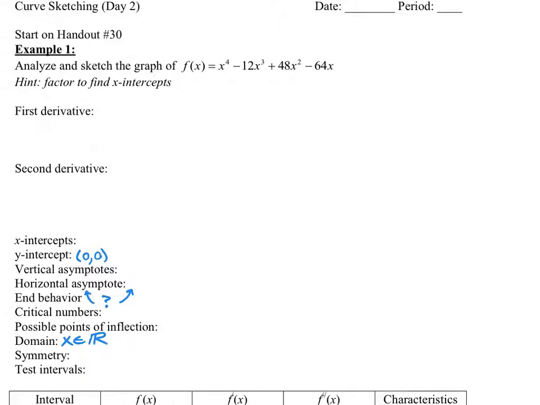And because I already see that, I'm not going to have any horizontal asymptotes, and because of my domain, I know I'm not going to have any vertical asymptotes. So this one is not too bad.